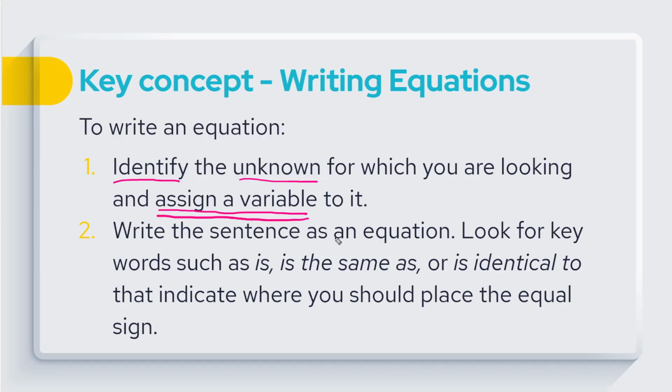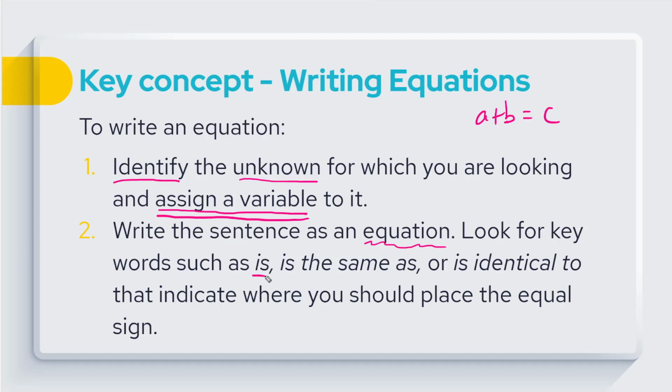Then you're going to write a sentence as an equation. And an equation, for those of you who've forgotten, is an expression with an equal sign and then another expression. Basically, it's two expressions connected with an equal sign.